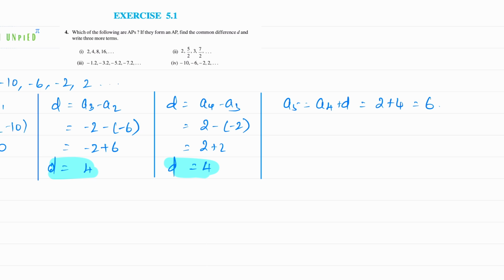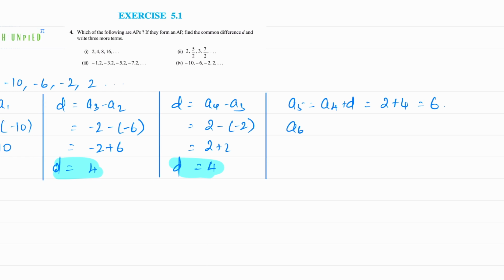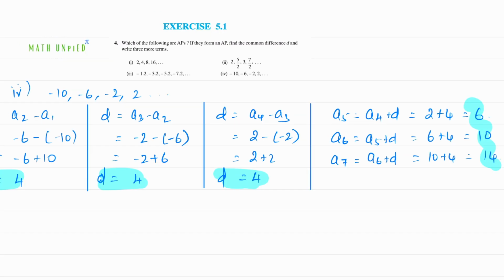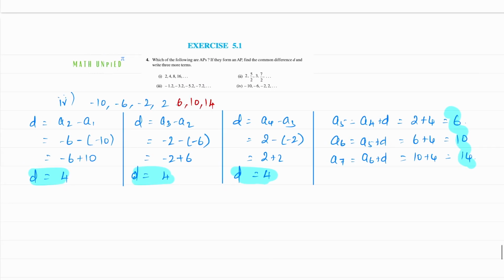So A5 equals 6, and A6 equals A5 plus D, which is equal to 6 plus 4 equals to 10, and A7 equal to A6 plus D, which is equal to 10 plus 4 equals 14. So the next three terms are 6, 10 and 14, or we can write the next three terms of this series, which will be 6 comma, and the series goes on. We have to find the next three terms, which we have done now.